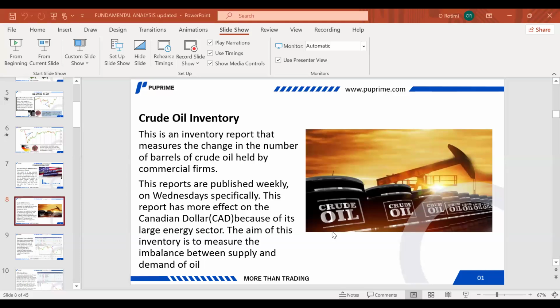The aim of this inventory is to measure the imbalance between supply and demand of oil. This is another important news you should pay attention to as a trader, especially if you want to trade crude oil. There are some people that major in trading crude oil. If you want to trade crude oil, then you need to pay a lot of attention to this particular event, crude oil inventory.